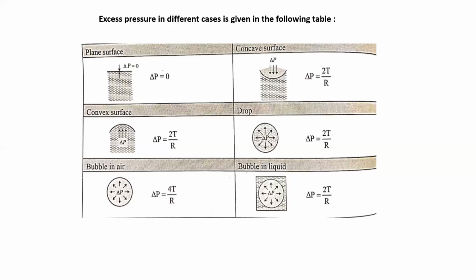Then for a drop, delta P is equal to 2T divided by R. Again, it is same. Then for bubble in water, bubble in liquid, it is 2T divided by R. So these are the expressions for excess pressure in different cases.